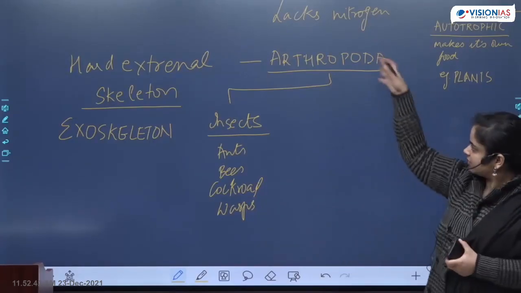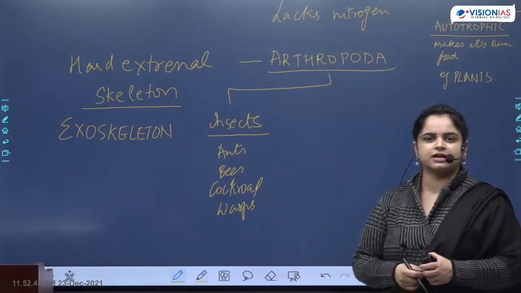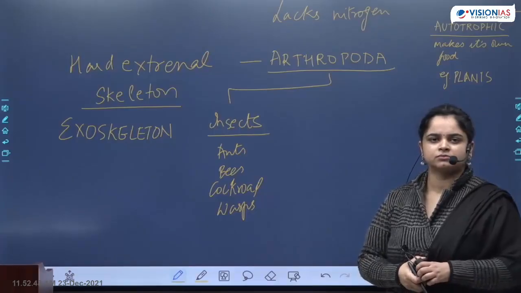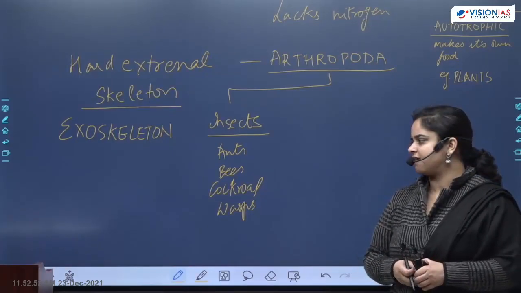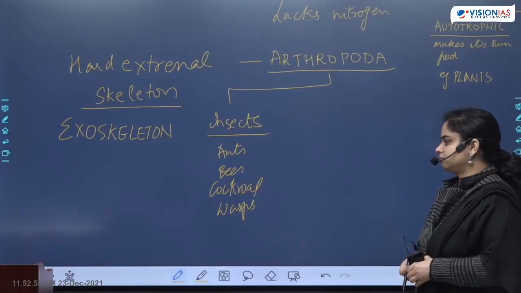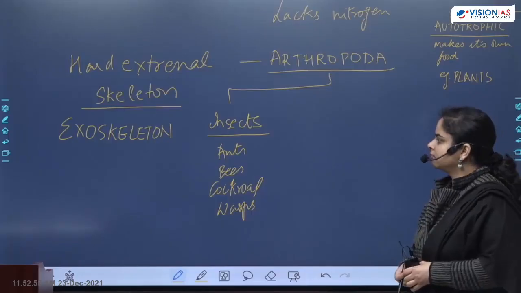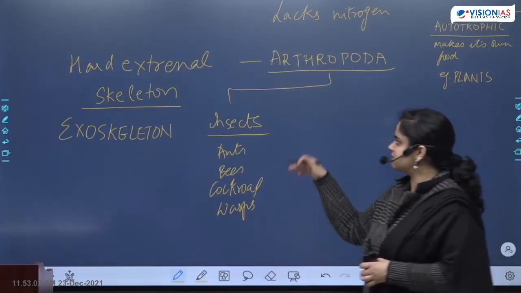So first you can write down arthropods. They have a hard exoskeleton. And then you can write the different categories. Insects examples.